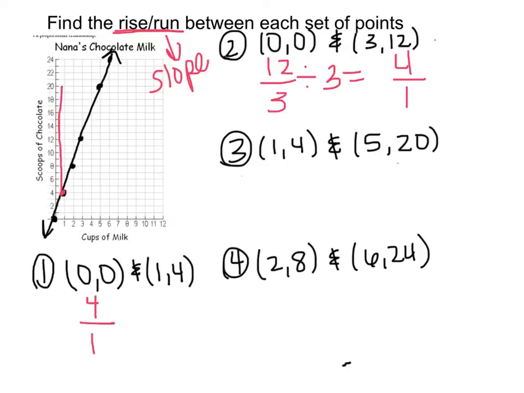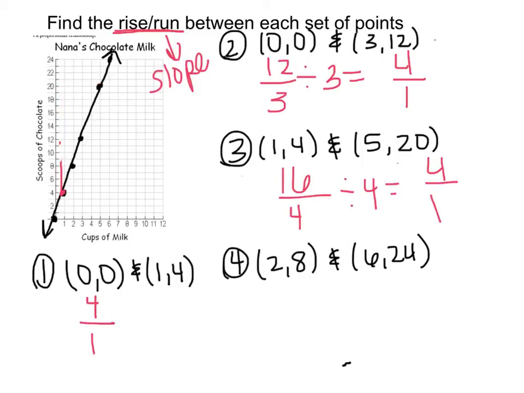So 20 minus 4, the distance between there is going to be 16. And then from this spot to this spot, how many spaces are we going to go over? It's 1, 2, 3, 4. So we have 16 over 4. We can simplify that by 4, and that's going to give us 4 over 1, which again is the same.